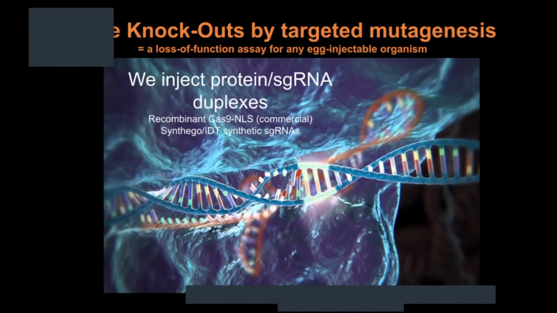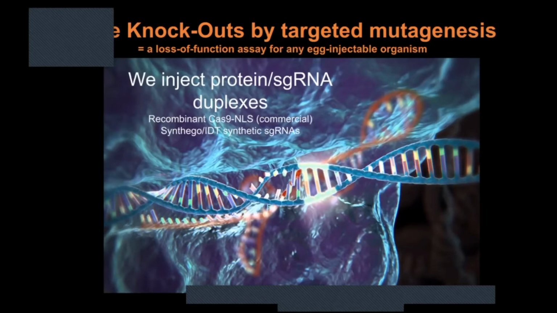Rather, what we do is inject Cas9 as a protein with a guide RNA. The two form a duplex, which you can see in the background. And we deliver them in the zygote, the first cell of this organism. We hope this guided missile goes into the genome and cleaves the DNA at that specific target gene.